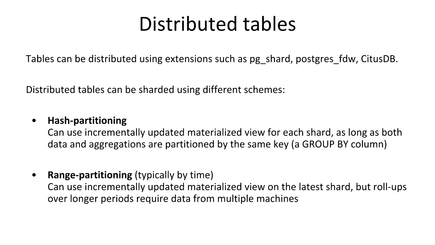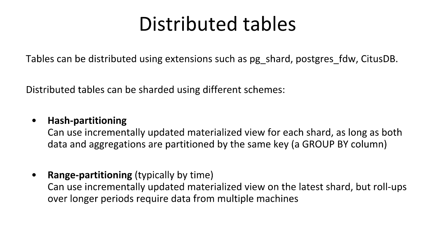When you're combining it with aggregations, you can use the technique for incrementally updating materialized views on the latest shard. So you don't really divide the work of ingesting data up, but it still works. But if you want to do rollups over longer periods, over many shards, then again you need to get data from multiple machines.